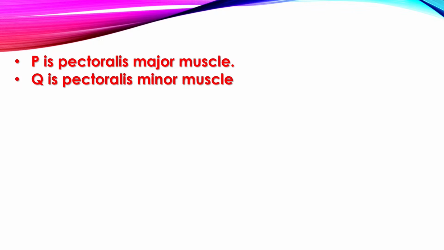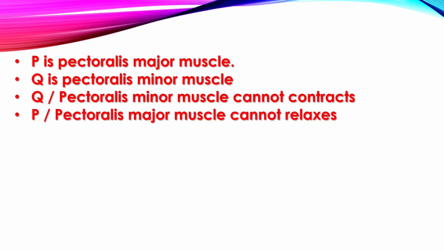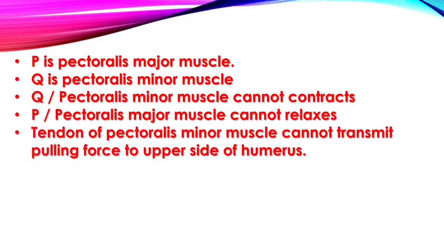Now the second question, the answer: Q or the pectoralis minor muscle cannot contract. Point 4. P or pectoralis major muscle cannot relax. Point 5. Tendon of the pectoralis minor muscle cannot transmit pulling force to the upper side of the humerus.